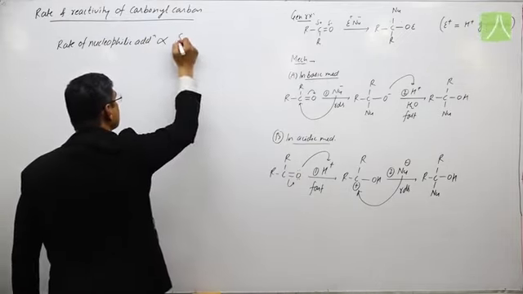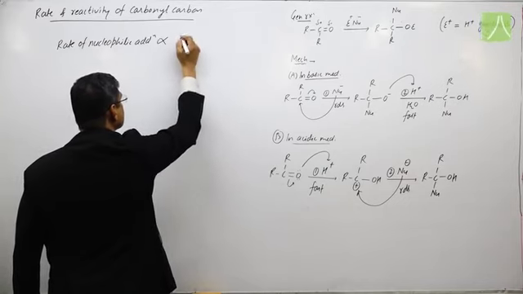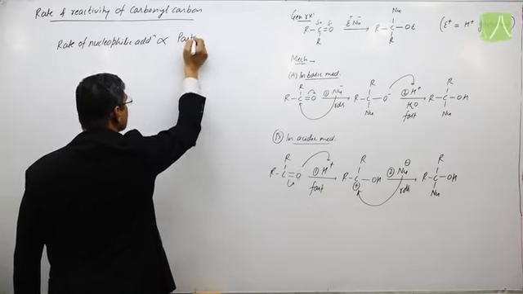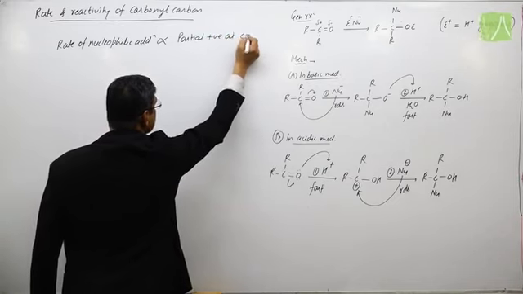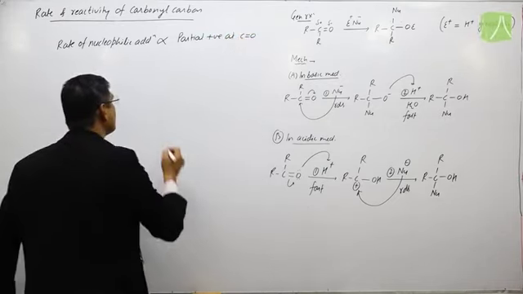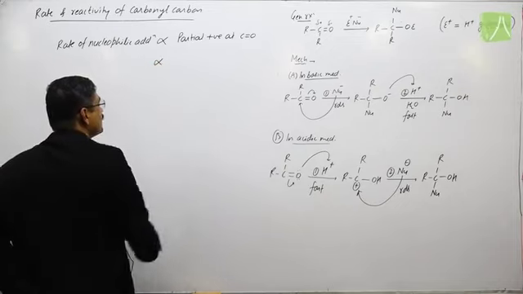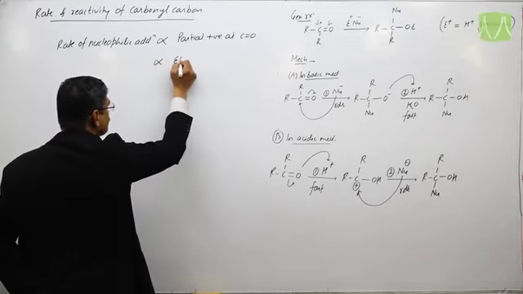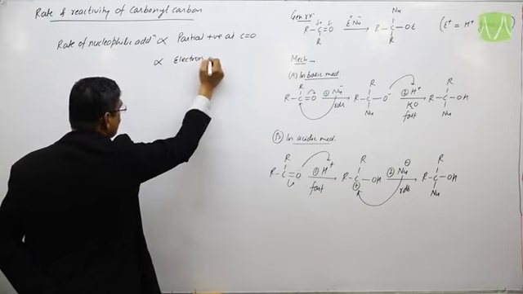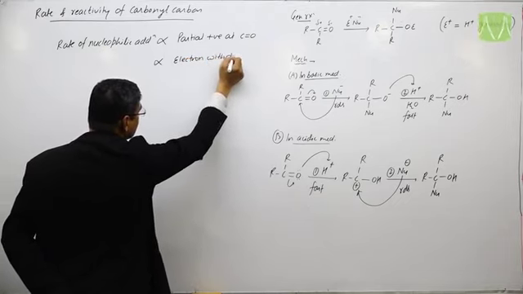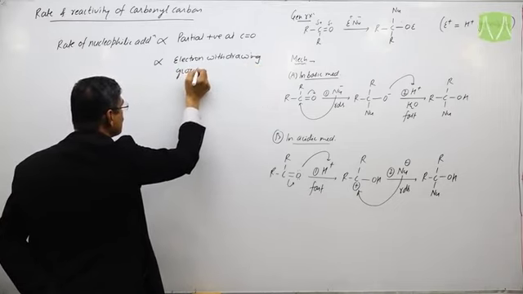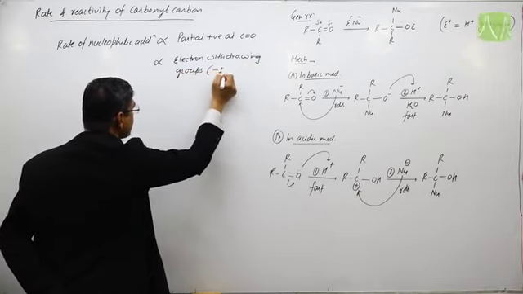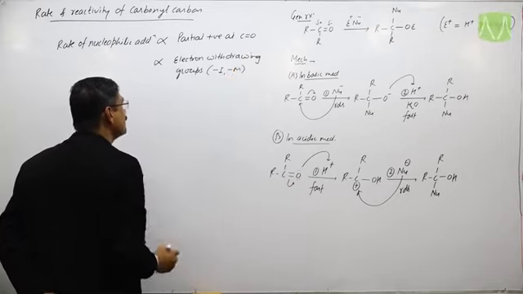This is the very important first factor. Partial positive at C double bond O. Second, electron withdrawing groups, that is minus I minus M, also increase the rate.